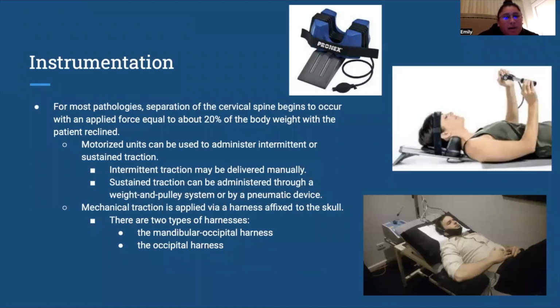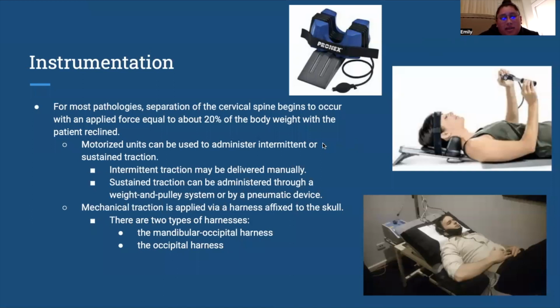And then for mechanical traction, it could also be applied via a harness affixed to the skull. There are two types of harnesses, the mandibular occipital harness or the occipital harness. The mandibular occipital harness is the one in the picture on the bottom, and the occipital harness would be the one in the middle of the two other pictures.